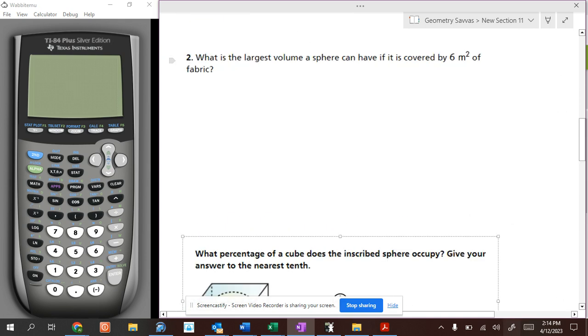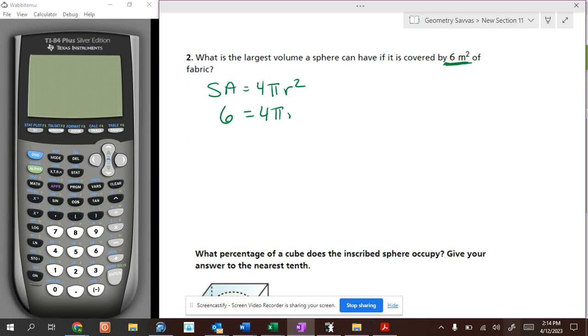So let's say you have this much fabric, and you've got to figure out what the volume of the ball is. So your surface area equals 4 pi r squared, right? This is your surface area. So 6 equals 4 pi r squared.